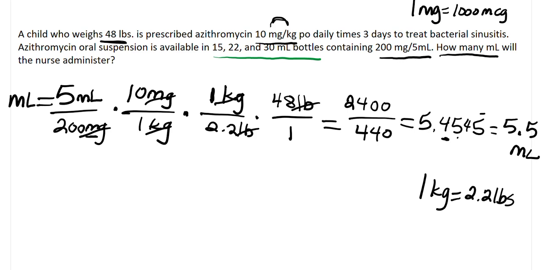You can still take your 48 pounds, 48 divided by 2.2. So 48 divided by 2.2 is 21.8 kilograms.